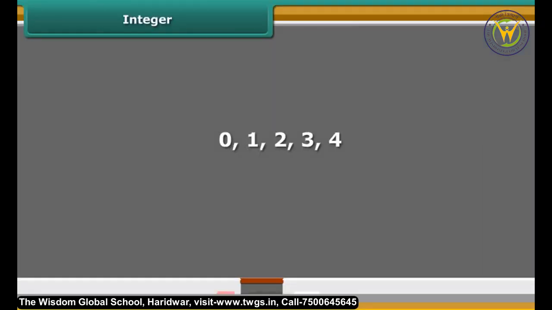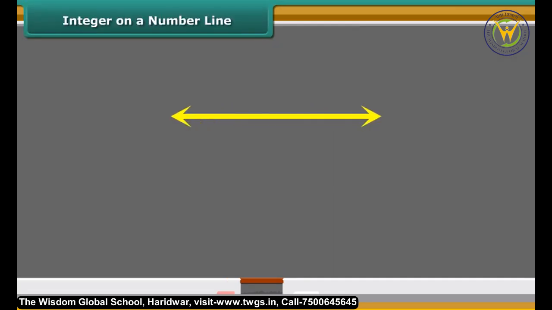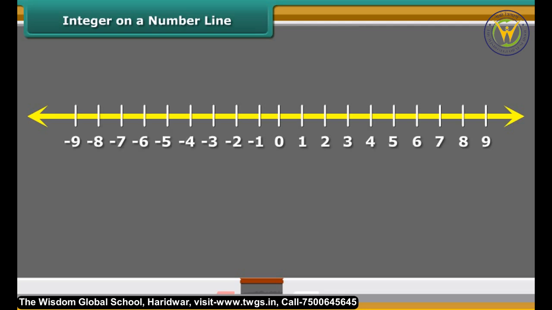Hello students! You already know about natural numbers and the whole numbers. If we put negative numbers and whole numbers together, the collection of numbers is known as integers. This figure represents a line marked with some points at equal distance. A point on it is marked as 0.